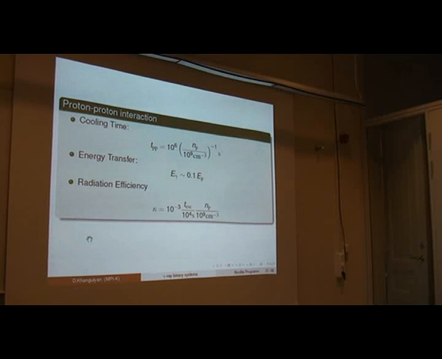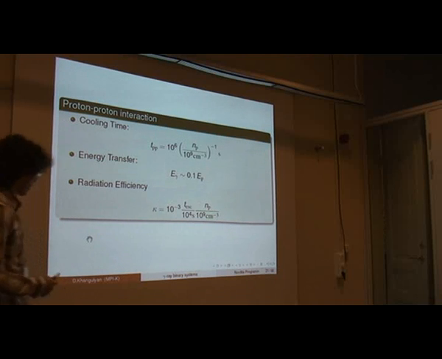In the case of proton-proton interaction, the cooling time is relatively long even for a quite dense target, and for the energy transfer the gamma ray obtains only 10% of the proton energy, and in this way we may get this radiation efficiency for pp interaction.